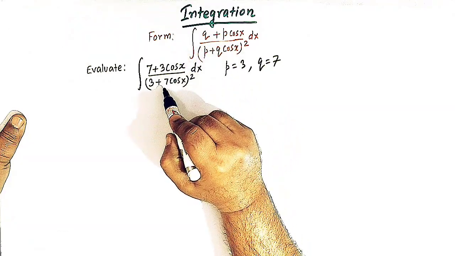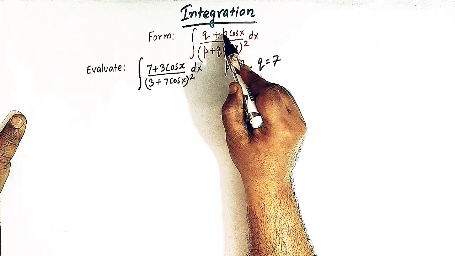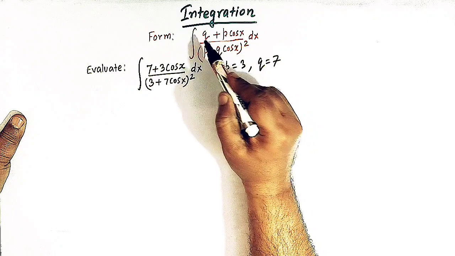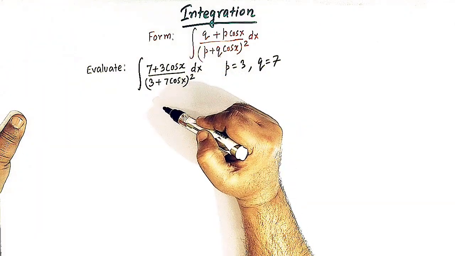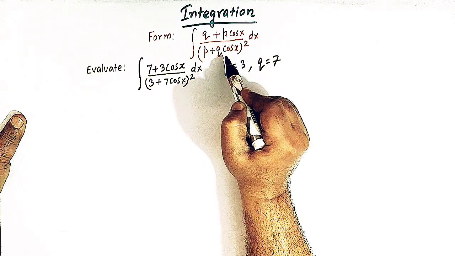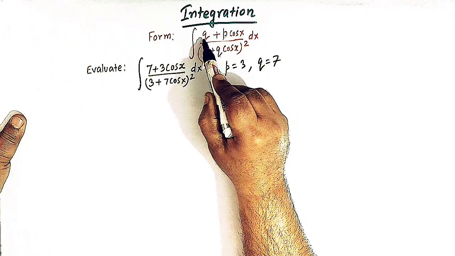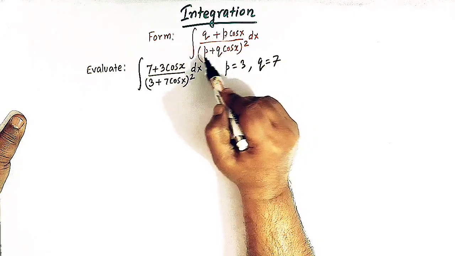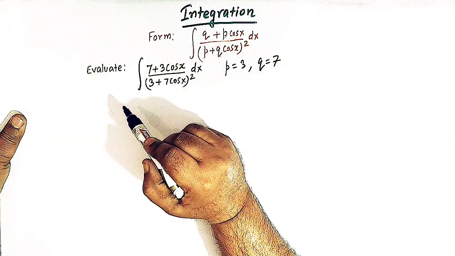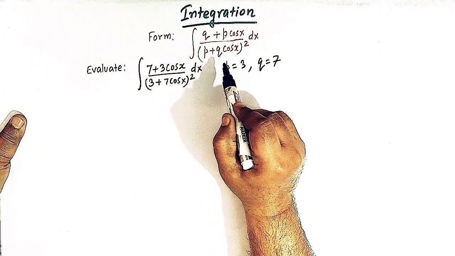Whenever we come across integrals of this type, where we have p here and also here, and q here and also here, that is, q plus p cos x, and in the denominator the numbers p and q are interchanged, p plus q cos x whole square, we have to make an important substitution.